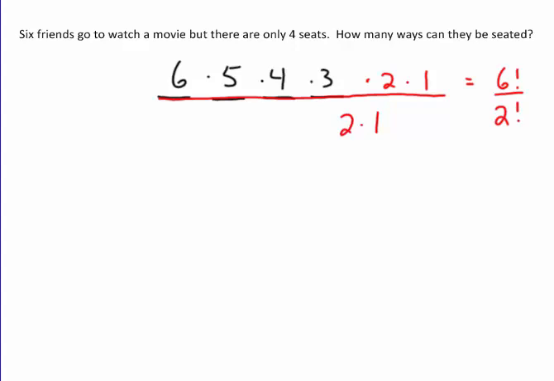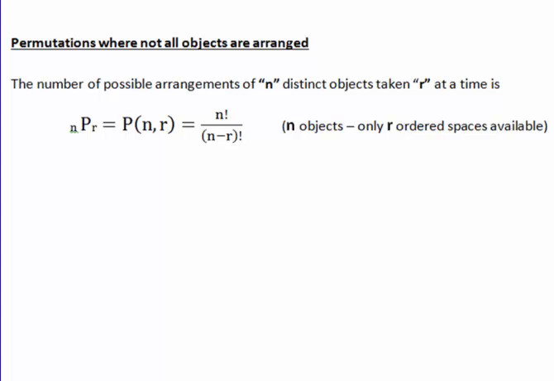It's pretty easy to see the 6 comes from the 6 friends, but the 2 in the denominator, and this is the important piece, the 2 is going to come from the 6 friends minus the 4 seats, the number of options that are available. 6 minus 4 is 2. And this little scenario is going to allow us to create an equation for permutations.